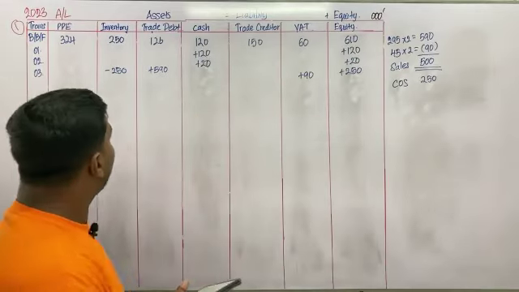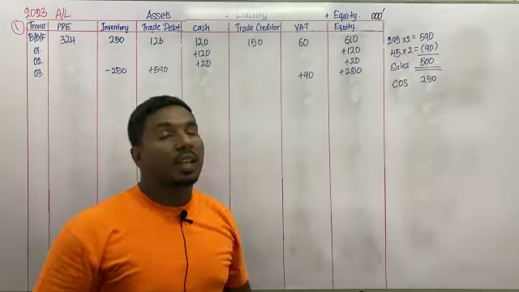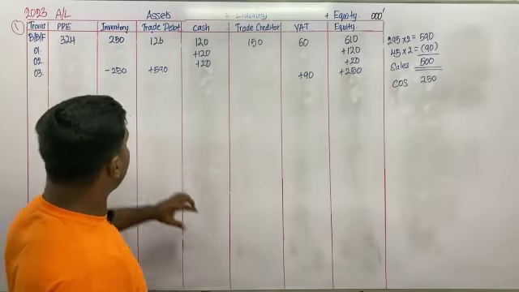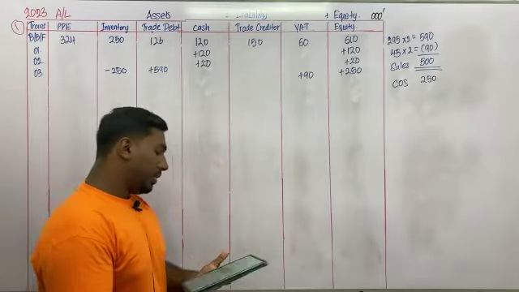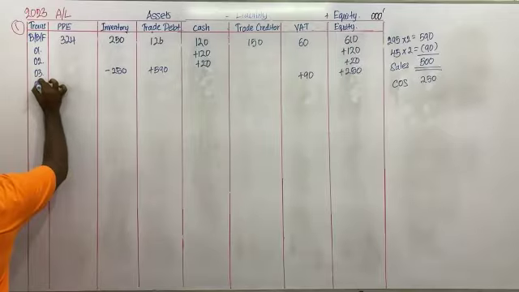First, enter the sales transaction. Second, enter the VAT transaction. And after that, merge it. Very simple. Okay, transaction number 4.